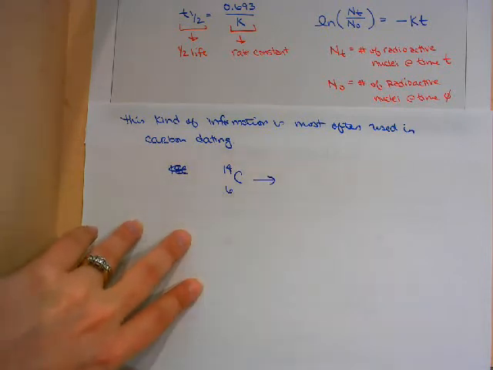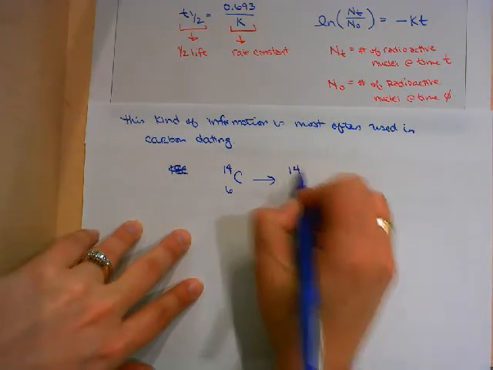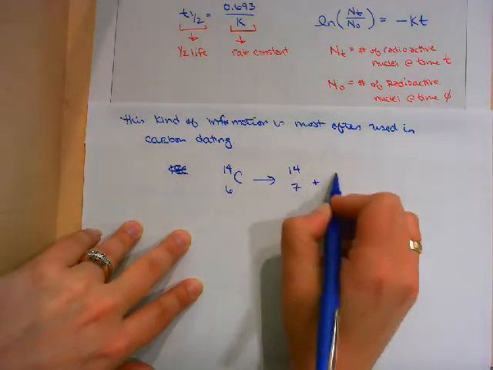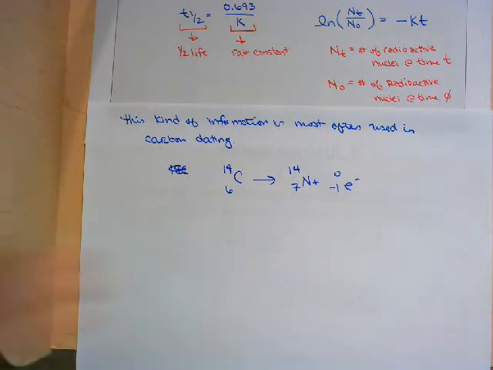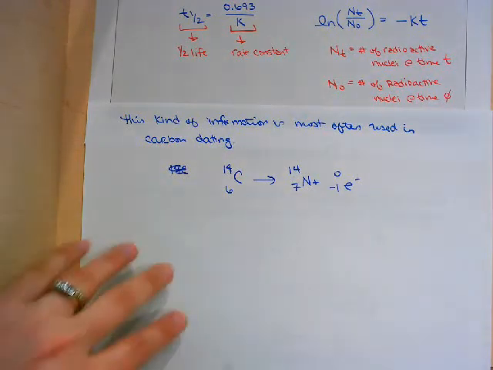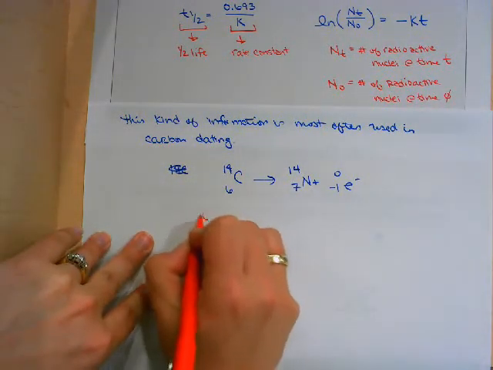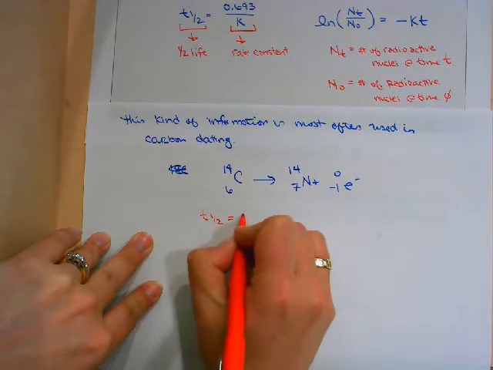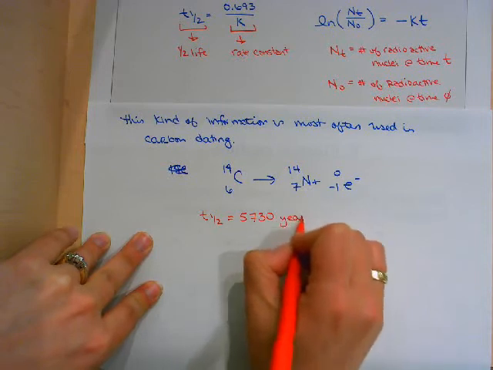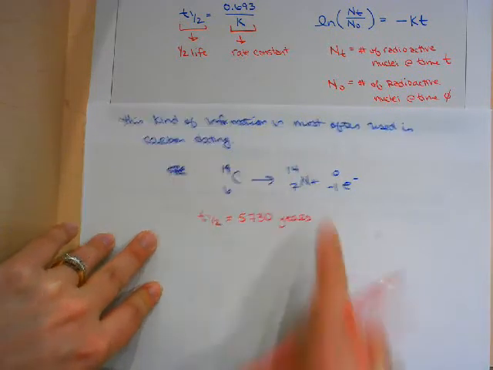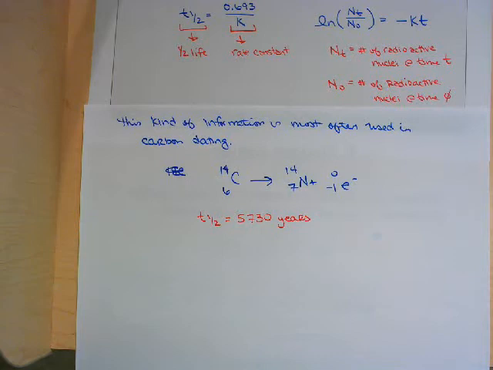That is fairly stable, but over time, it would decay down to the actual stable nitrogen and an electron. The half-life for this carbon-14 to decay to nitrogen is 5,730 years. Slow. On a scale of things we normally look at, it's on the slow side.